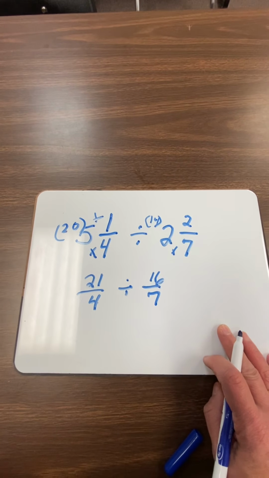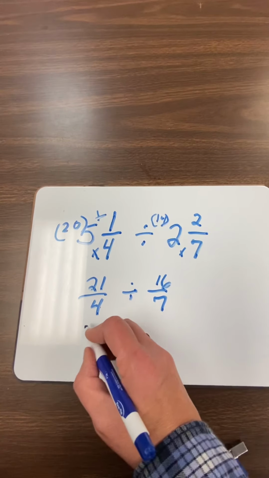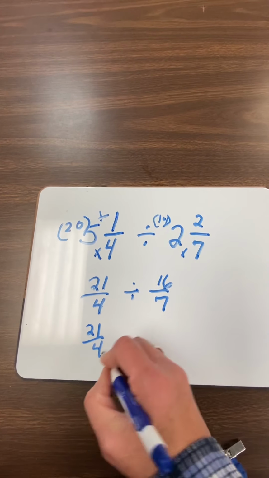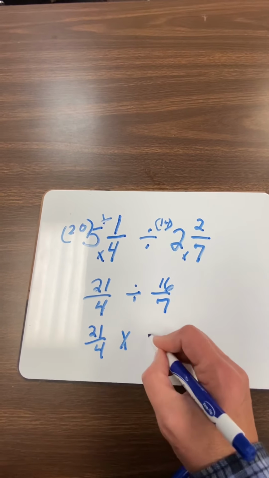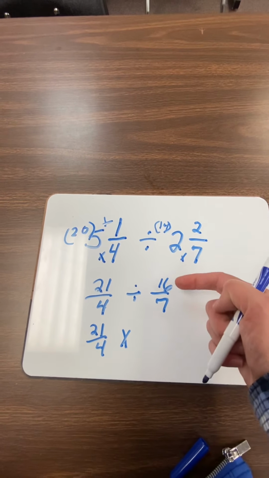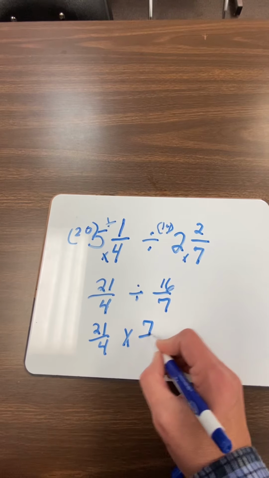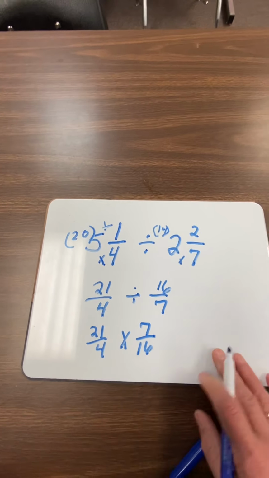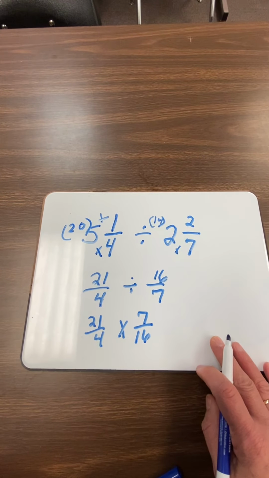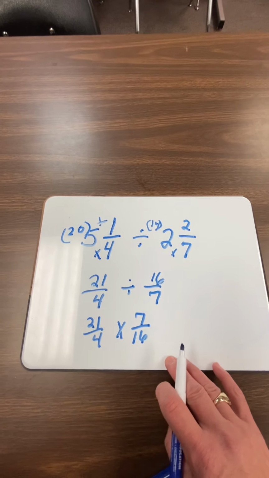Okay, so now we have 21/4. Divide's going to go to multiply. Now we have to do the reciprocal, so we're going to have to flip it. 7/16. Okay, nothing can cancel out, can it?